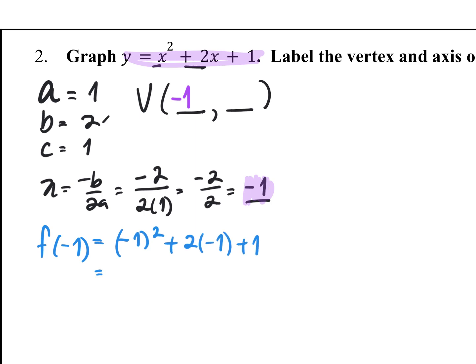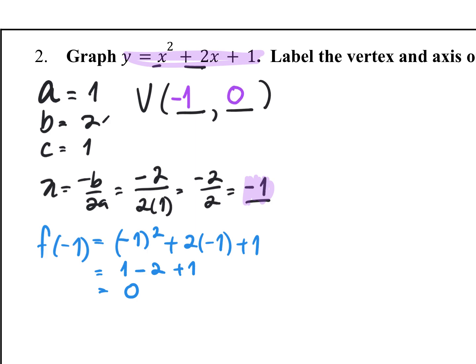So negative 1 squared is going to give you only 1. Positive 2 times negative 1 is going to give you minus 2. So 1 minus 2 is negative 1. Negative 1 plus 1 is going to give you 0. So my y coordinate in here is 0.